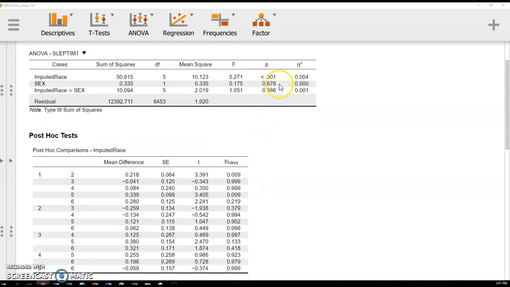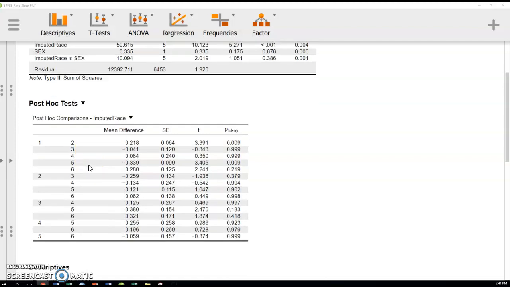So I want you to take whichever one of these terms, including it could be the interaction effect, whichever one has the lowest p-value, and that's what you should have run here. So for me, I wrote race, and what this table does is it really kind of runs t-tests between every possible pair of groups on this.